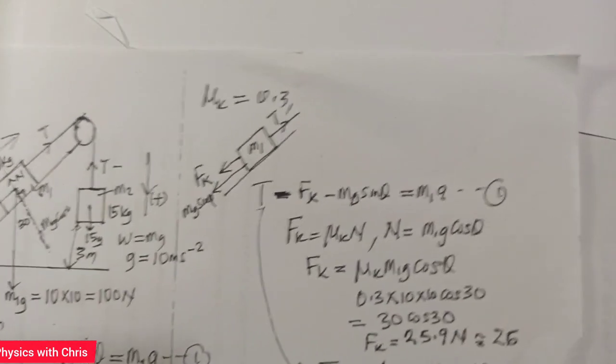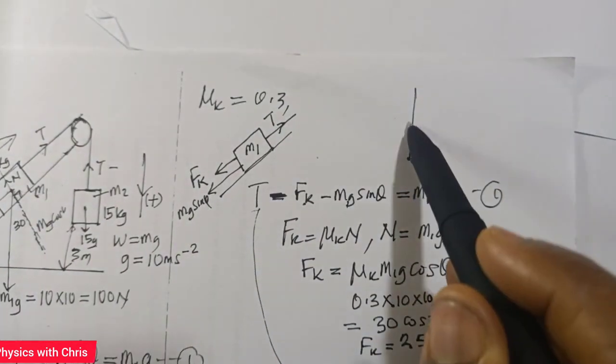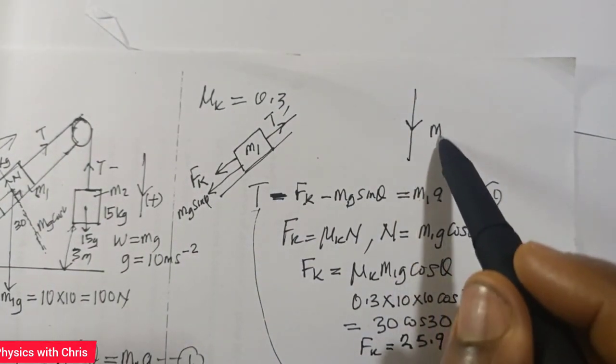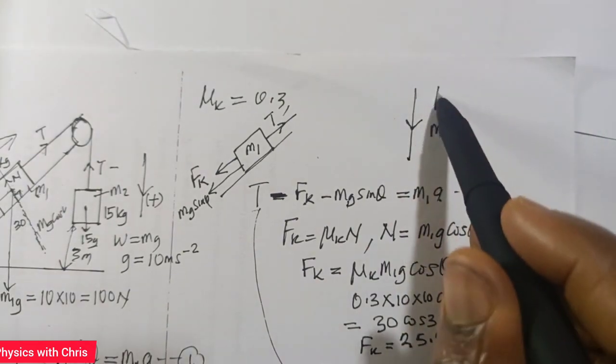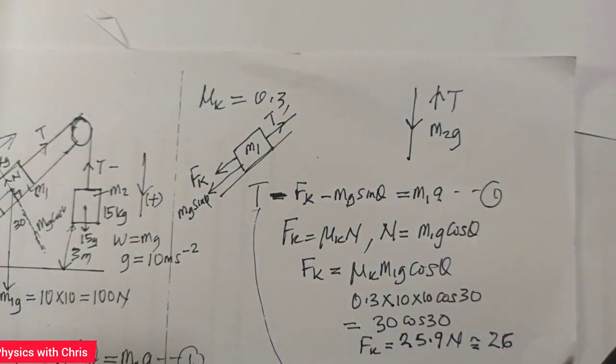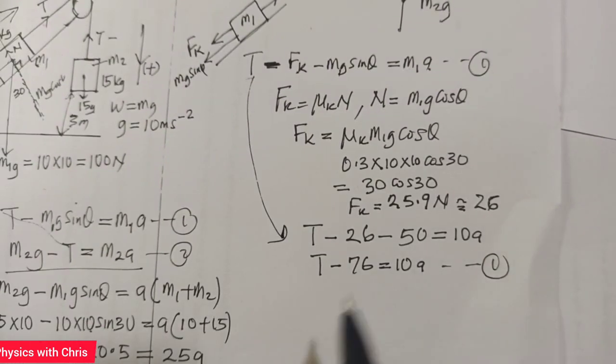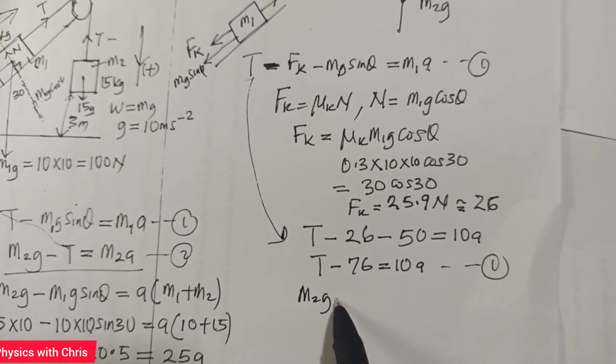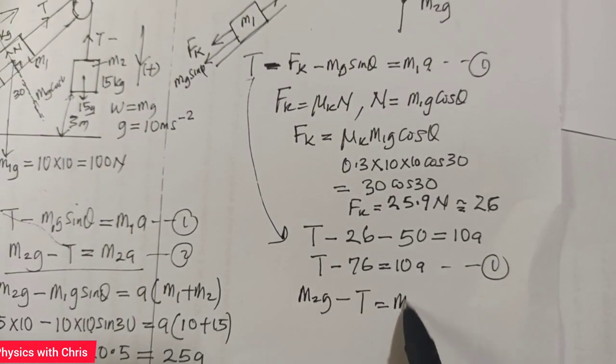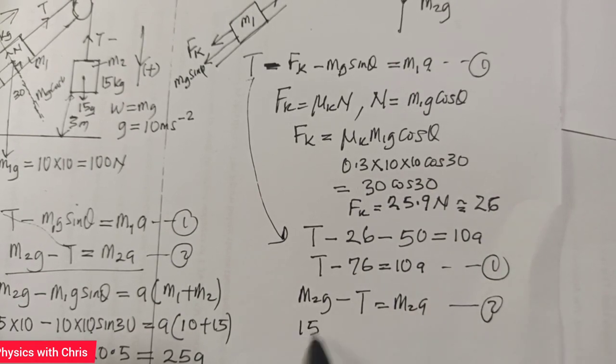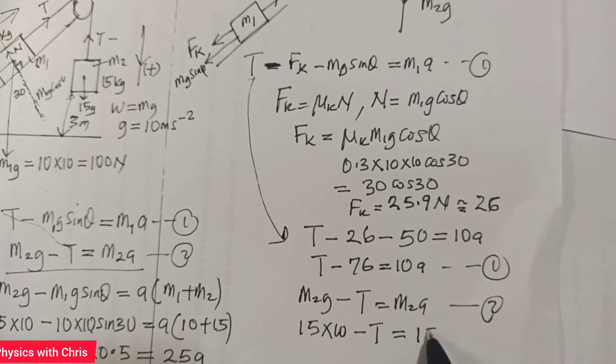Then I'm going to resolve vertically. For the forces acting, I have m2g and the tension in the string T. So that gives me m2g minus T equals m2a, equation 2. My m2 is 15, so 15 times 10 minus T is equal to 15a, equation 2.